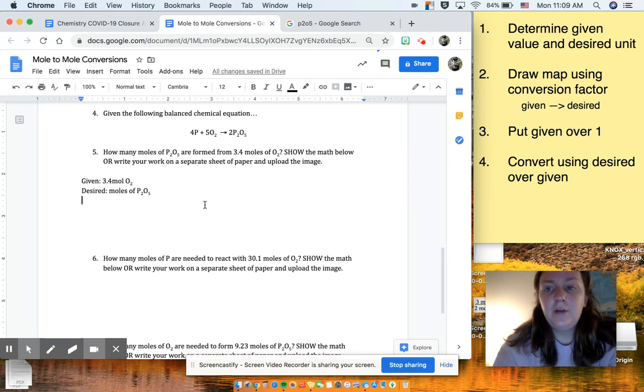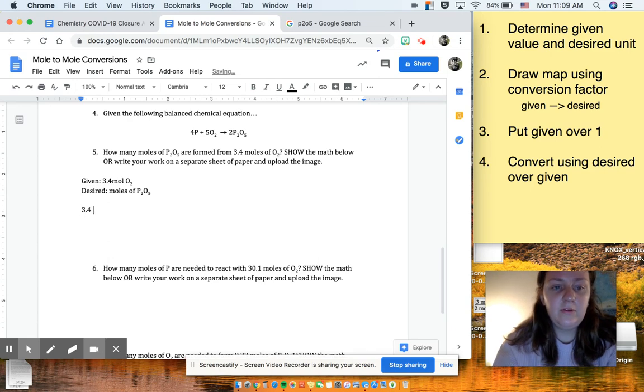Okay, draw our map using the conversion factor. So we're going to go from 3.4 mole O2, and we're trying to get to our desired, which is mole P2O5. And we need to figure out how are those things related. So again, we're going to go to our balanced chemical equation and figure out what is the mole ratio there, right?